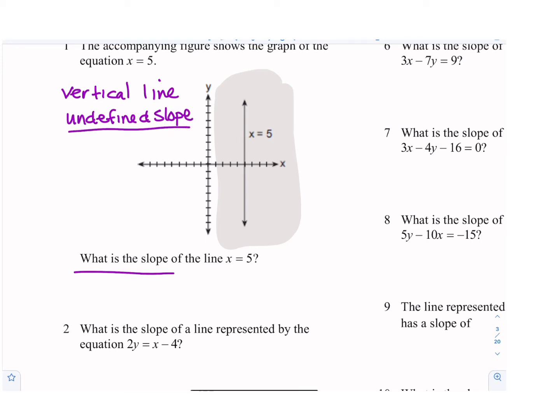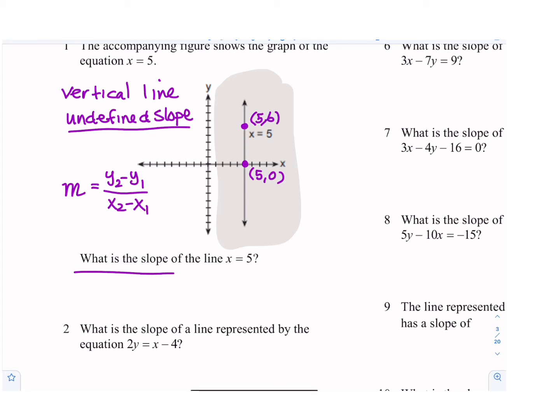The slope is not defined. It's not equal to 0. It's not equal to a positive number. It's not equal to a negative number. It is not defined. So m, if we were to find it, would be given by the formula y2 minus y1 over x2 minus x1. If I pick, let's say, this point right here, that's the point 5, 0. And let's say I go up like 6 units. That's the point 5, 6.